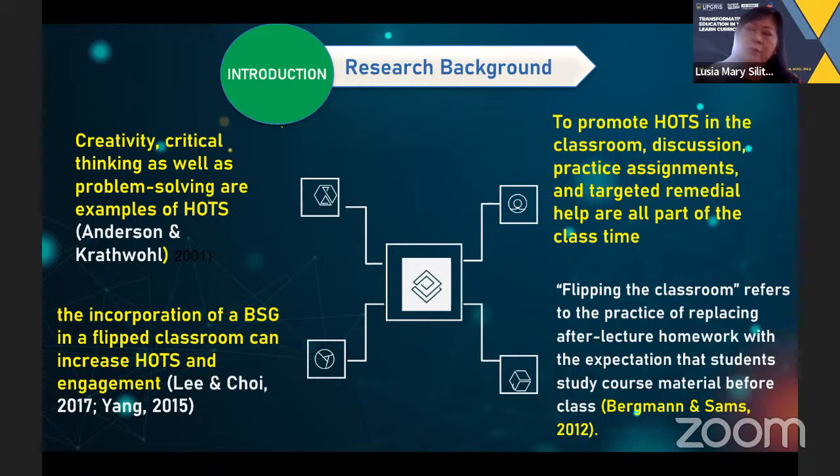And the incorporation of a business simulation game in a flipped classroom can increase HOTS and engagement. Engagement is the most important thing in a classroom. When the students are listening to the teacher, and the teacher gives an immersive teaching approach, there is a process of engagement.